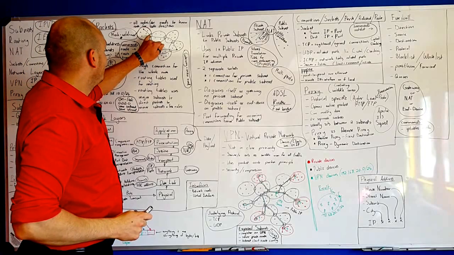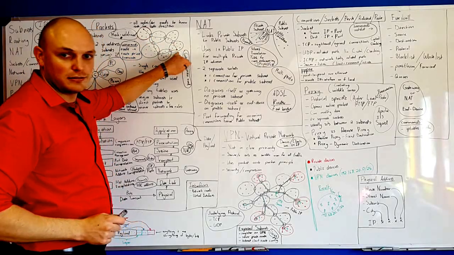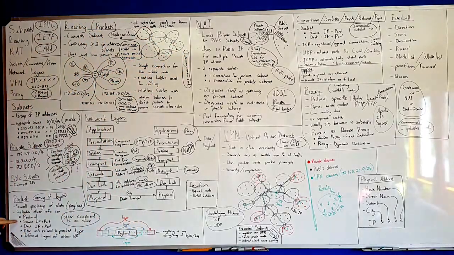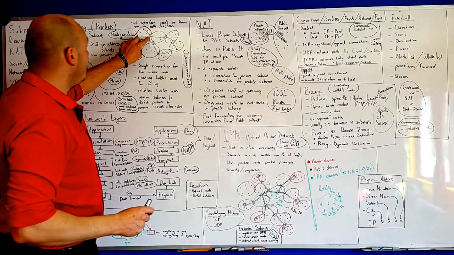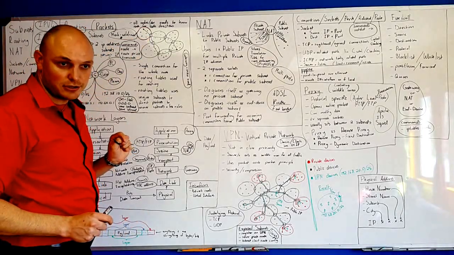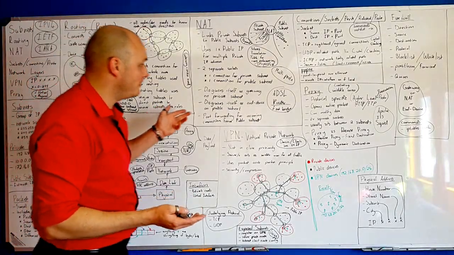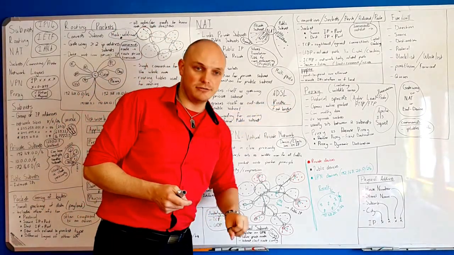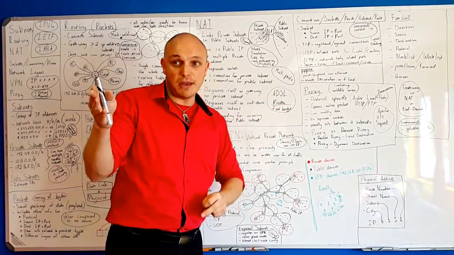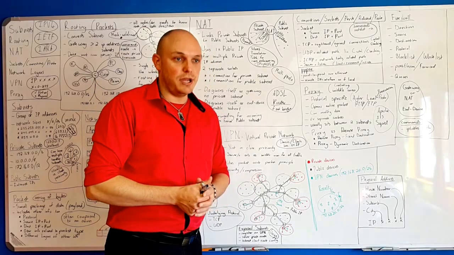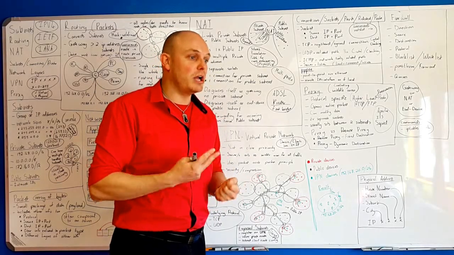So now, if you send a packet there, your packet source would be your public IP on your NATed router. The typical example of a NATed router is an ADSL router. So the ADSL router we have in the office is a NAT gateway. It actually has two IPs.